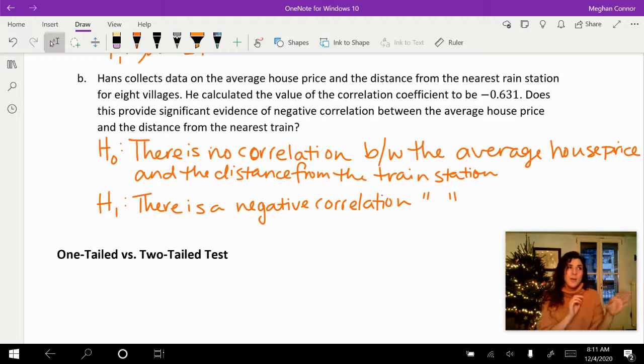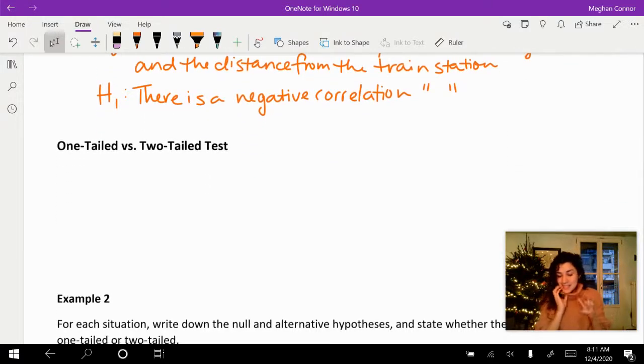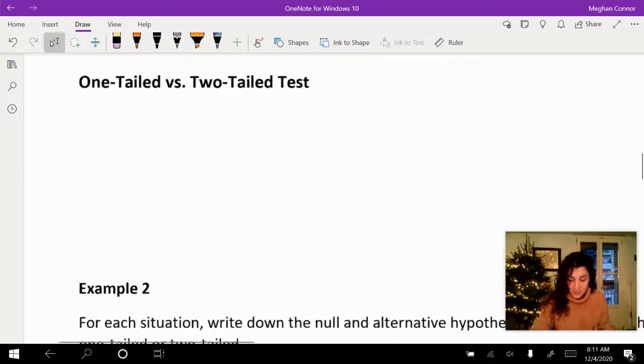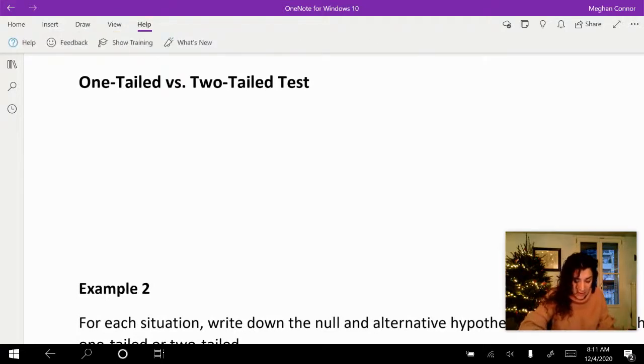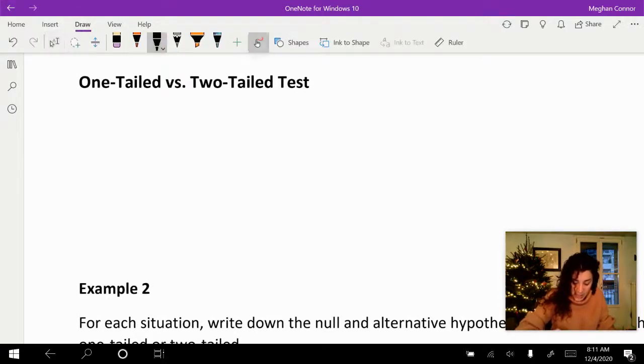And we're going to talk about one-tailed versus two-tailed right now. And this is an example of a one-tailed test. The reason they call it a tail is because we're talking about these guys.